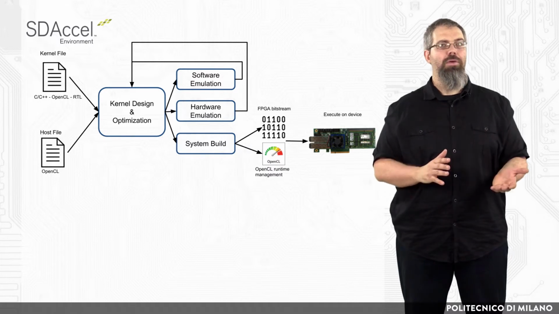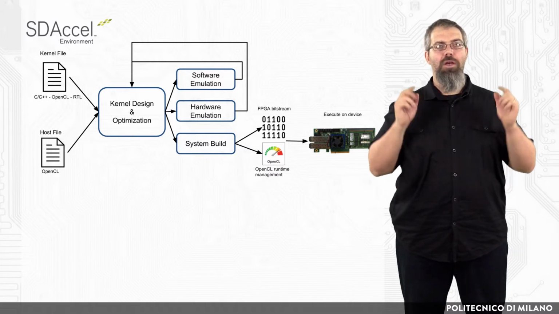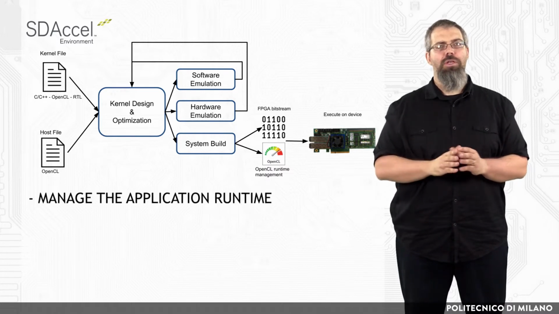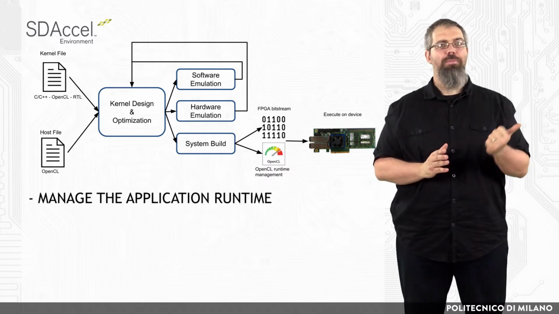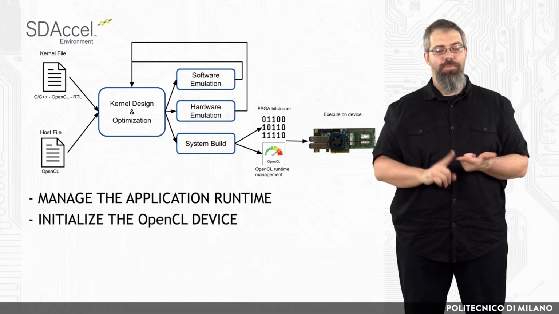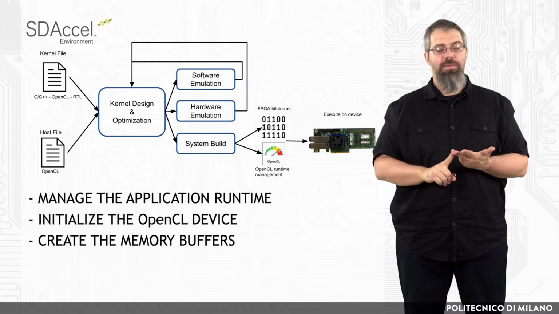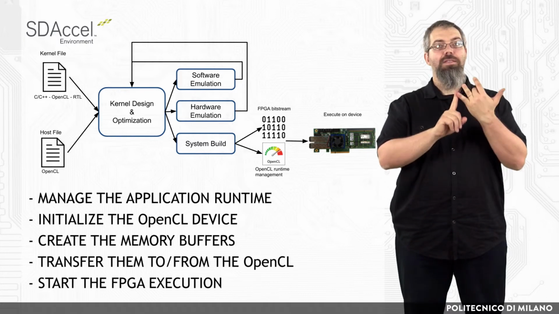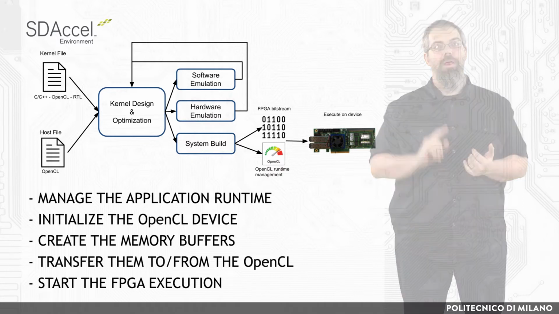Independently from the chosen language, the user has to implement the host code relying on the OpenCL APIs. The purpose of the host code is to manage the application runtime, initialize the OpenCL device, create the memory buffers, transfer them to the OpenCL device, and start the FPGA execution.